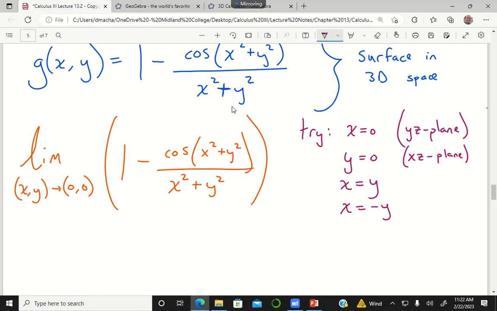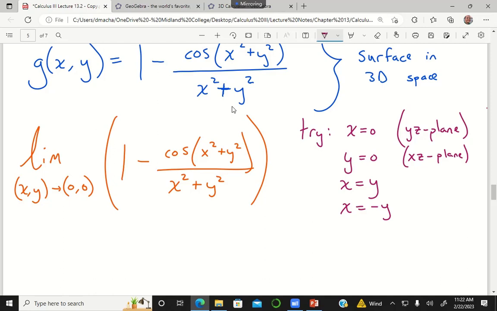By the way, there's a lot of other traces you could try. You could try x equals 2y, or x equals negative 2y, or x equals 1/2 y, or x equals negative half y. There's actually infinitely many vertical planes you could try. And I'm going to revisit that and talk to you about that more later.